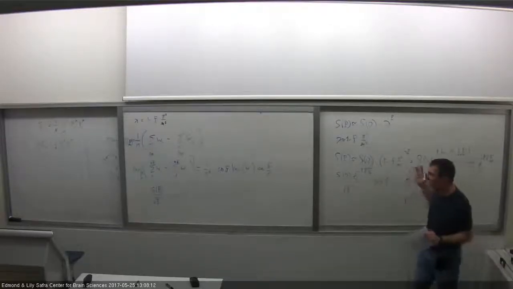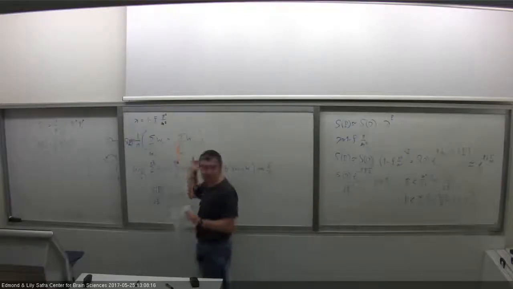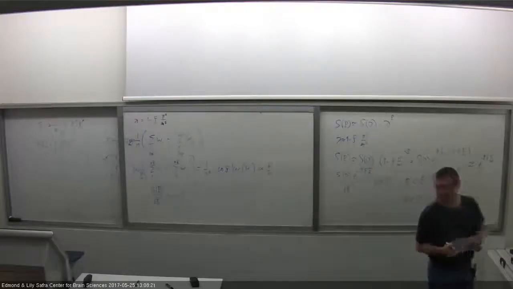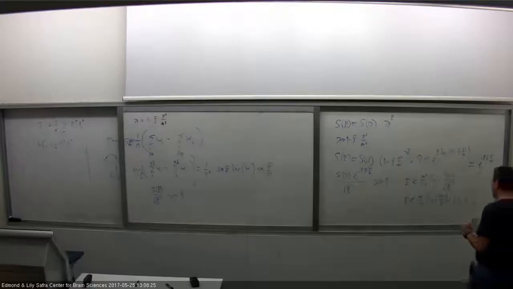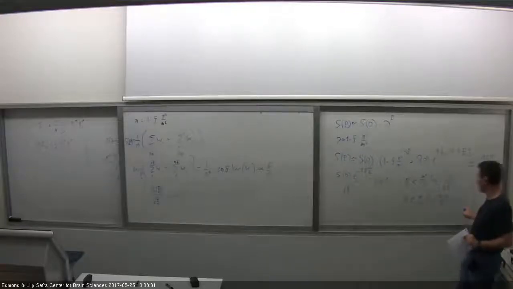But if f is order 1, m is order 1, then they will be of the same order of magnitude. Then we're okay. So if m is order 1 and f is order 1, then this term will be very small, and the capacity will be dominated by this term.